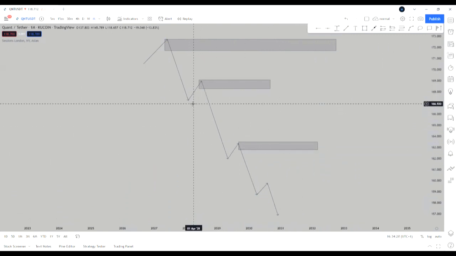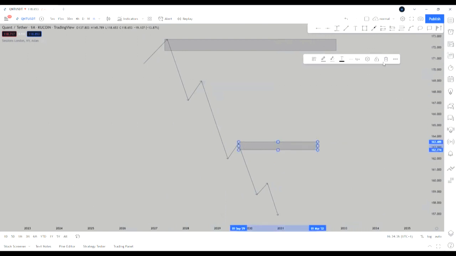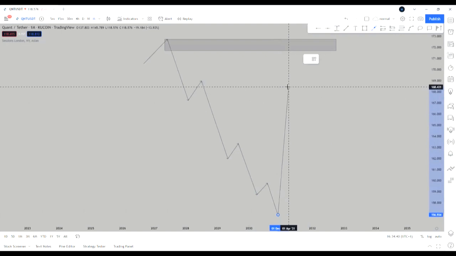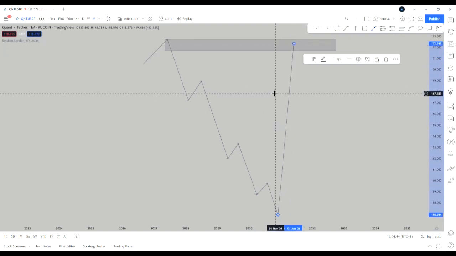But we know if price should come all the way up here, so let us delete all these levels, this is the best level where we could get some nice sell trades.